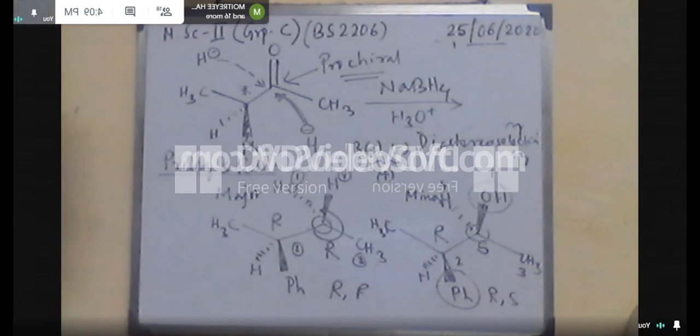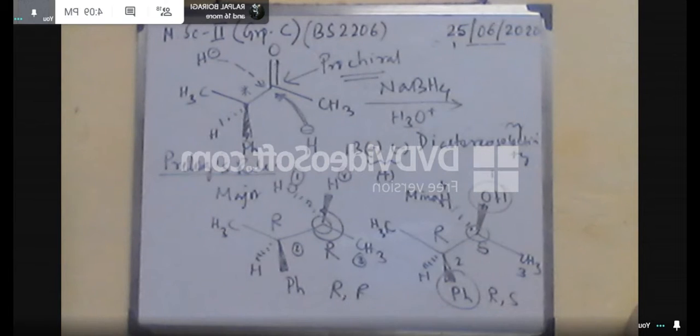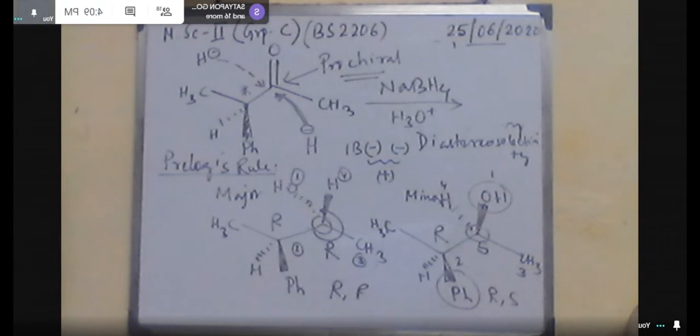And after completion of the reaction, you have found that this is one isomer, that means OH at the front side, and this is the other isomer, with OH in the bottom, or away from the viewer.